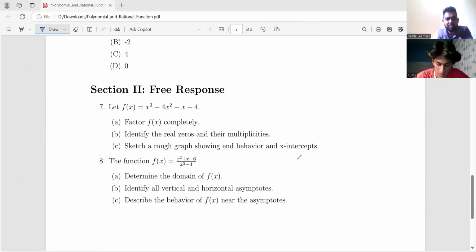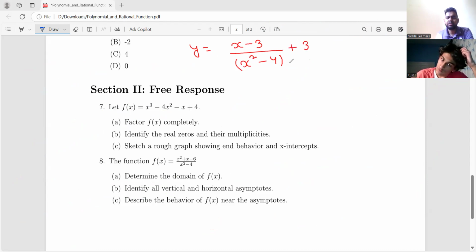Okay, one more question I'm asking is: x minus 4, and then what is the horizontal asymptote for this?